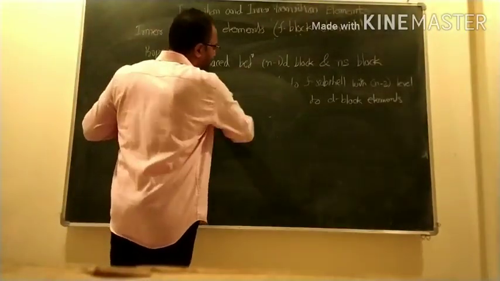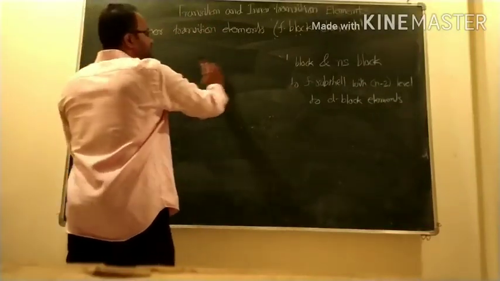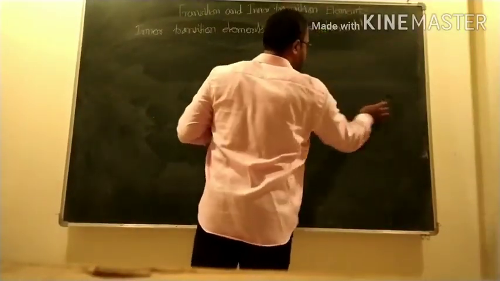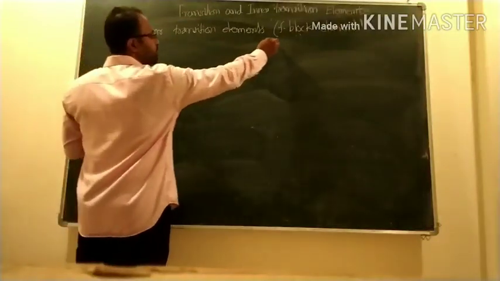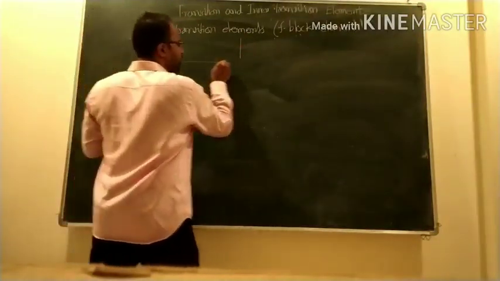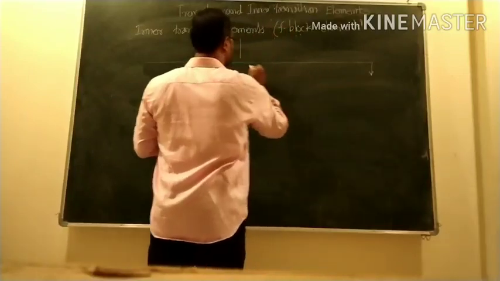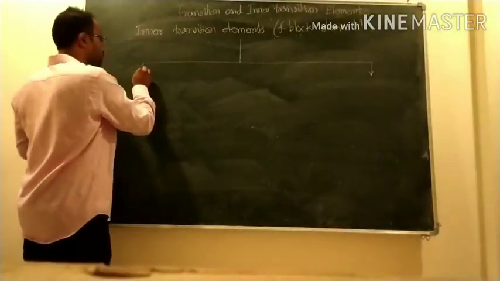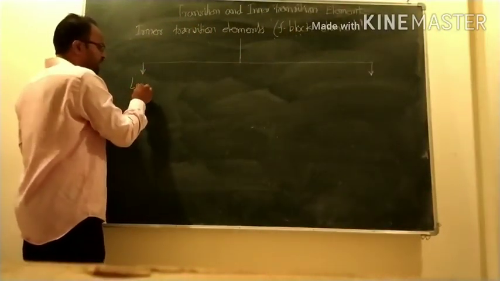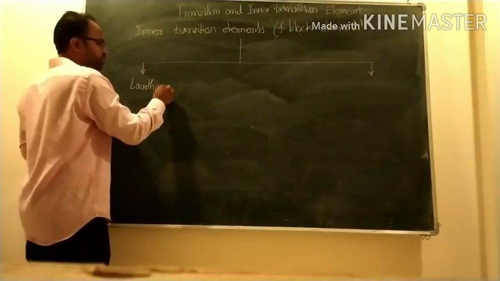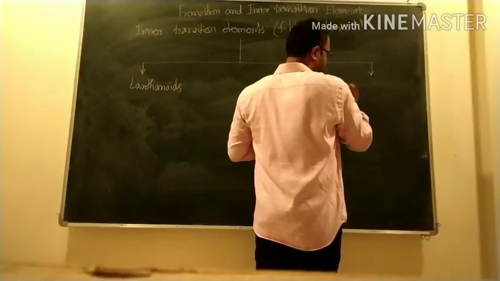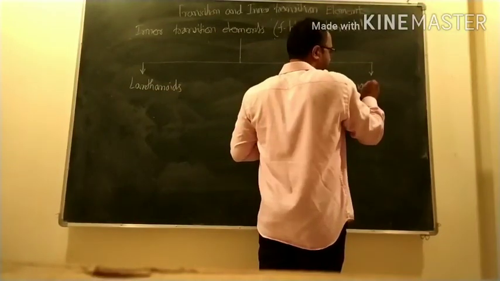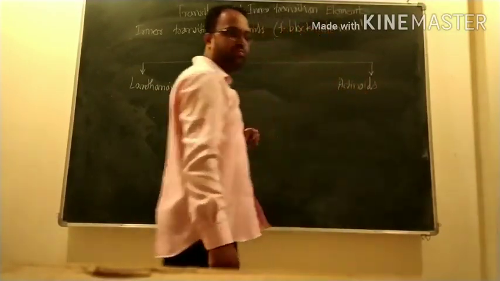Now next, these f block elements can be classified into two series. First is lanthanoids, the second is actinoids.